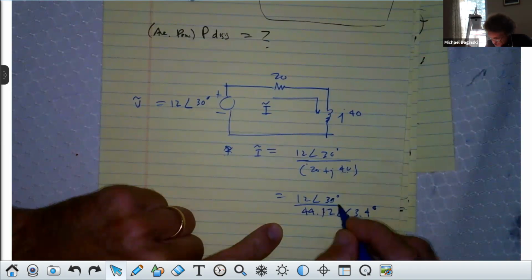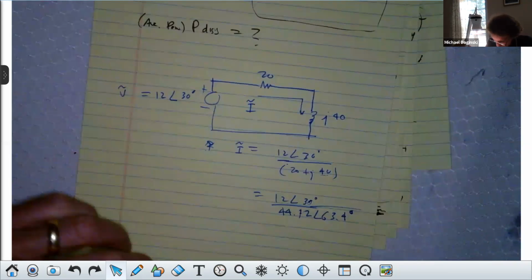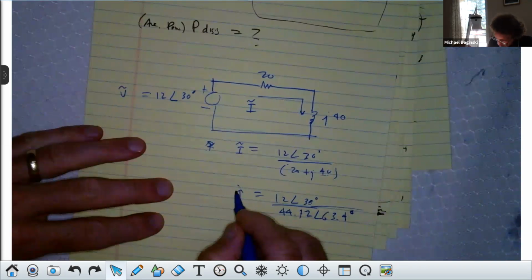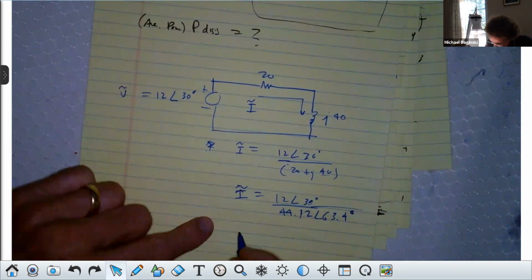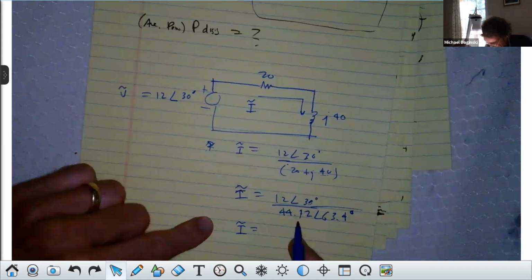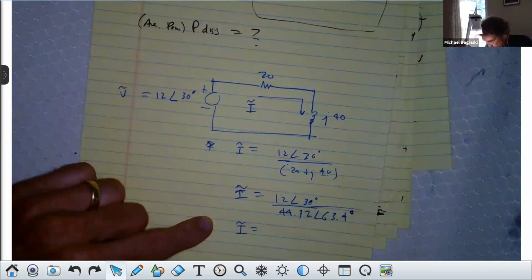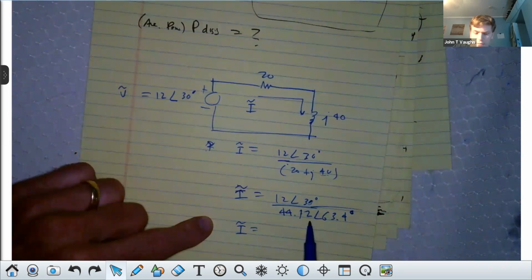Are you with me, class? Now, if that's true, what will be the actual phasor value of I? It would be 12 over 44.72, right? What's that? 0.268.